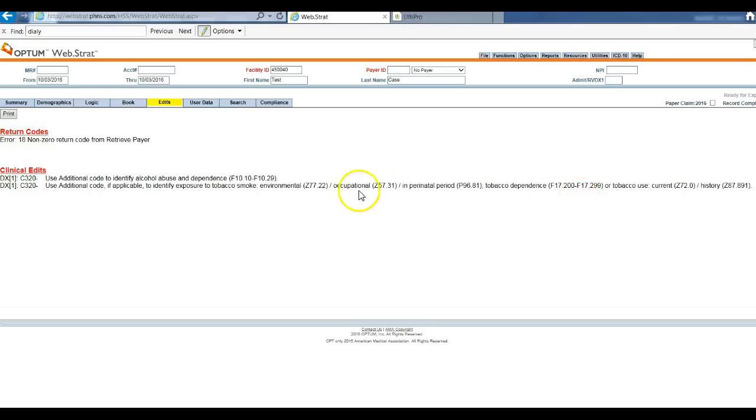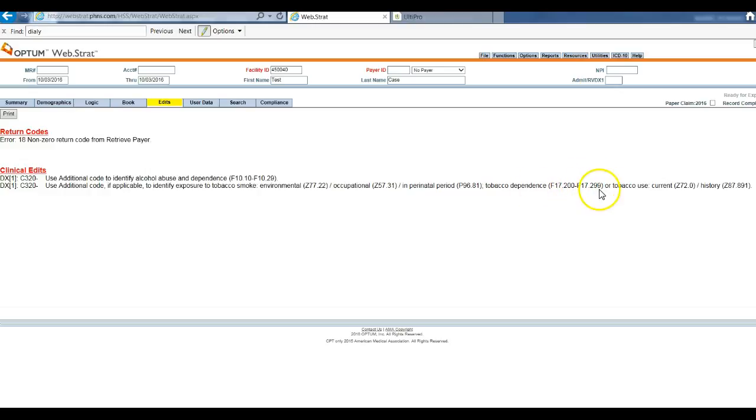It says here, these are your clinical edits, you're doing real coding. They want to know if this diagnosis was caused by something the patient did in their life. So you have exposure to tobacco smoke, environmental, occupational, and perinatal period. Are they tobacco dependent? Right now he isn't.